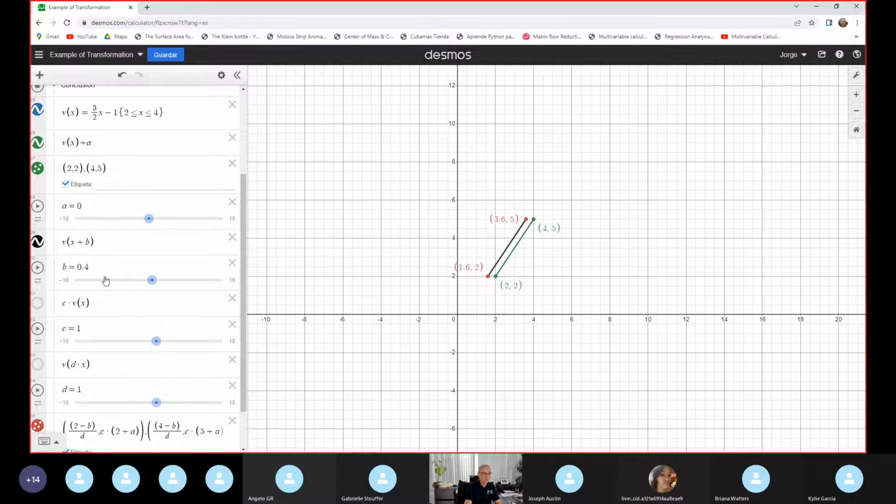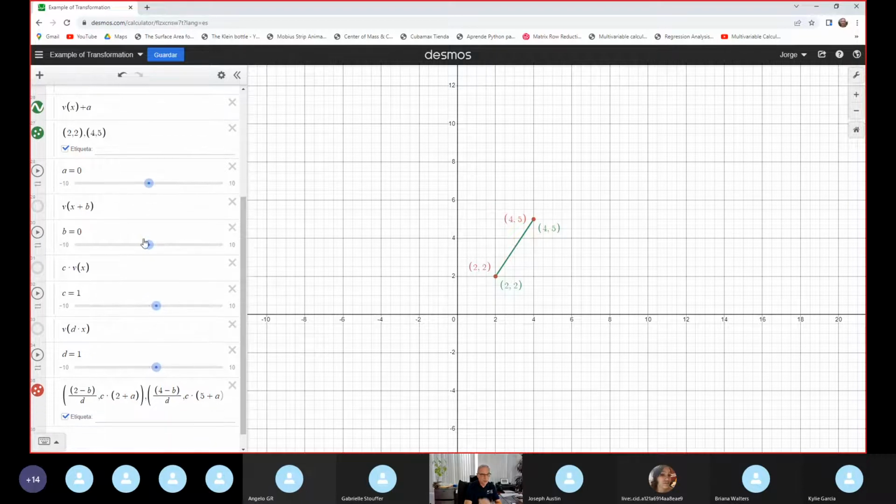Now let's see the second kind of transformation. Okay, no B anymore. B is 0. Now the multiplication. Now multiplication of the function by a constant C. And the constant C is 1. But when you multiply by a number greater than 1, like 2, 3, 4, 5, 1.5, it creates a vertical stretch.